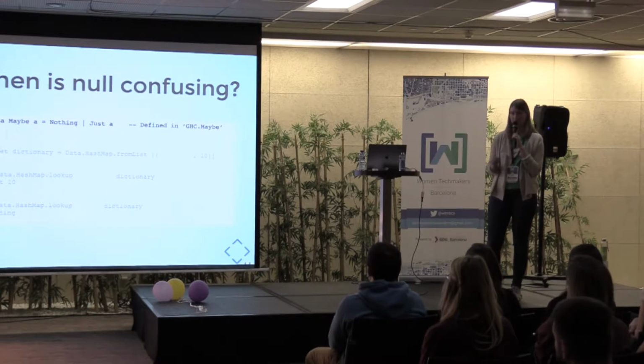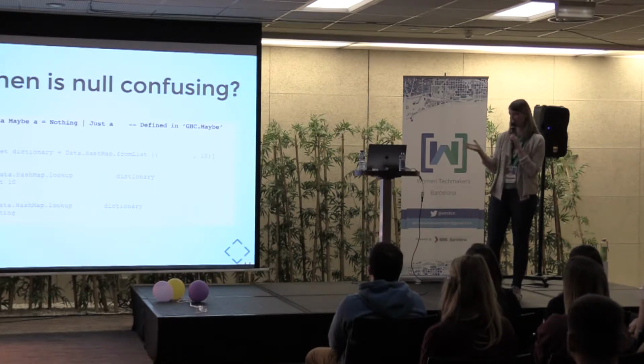The first one is Nothing. As you can see, Nothing doesn't have any parameter. So if you have a Maybe A thing, you can just say that it's equal to Nothing. This is an absolutely valid instance of type Maybe String, for example.